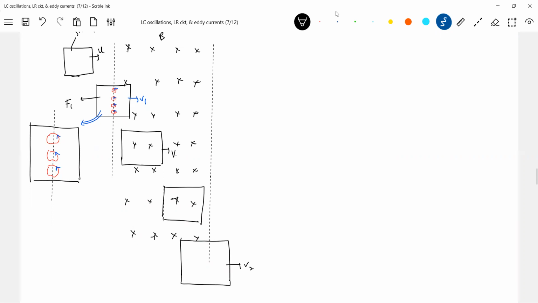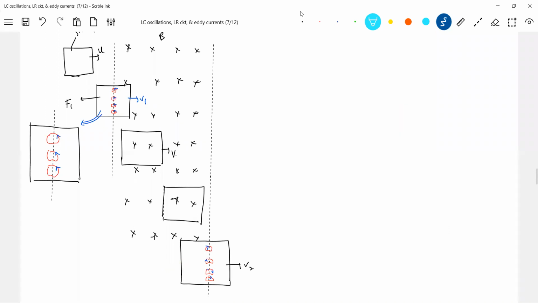Then what about the eddy currents? Here the eddy current will flow only in this region. What about the direction of current here? The direction of current should be clockwise, from Lenz's law. Is it okay? And any retarding force? Yes, there will be a retarding force.